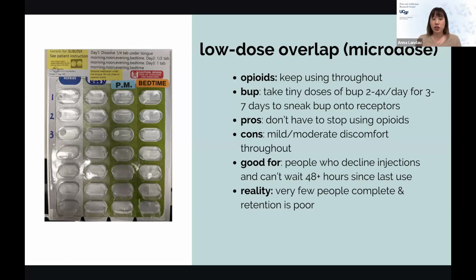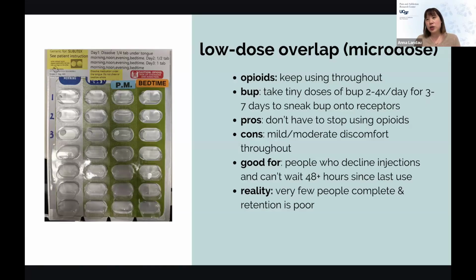And that is because it can be very challenging to continue your fentanyl use throughout, and a lot of people don't know, or even as clinicians, we don't really know how much to advise people to use their fentanyl, just because the drug supply is so unpredictable. And then also, the buprenorphine may be displacing some of the fentanyl throughout the process, and that can cause a lot of discomfort for people.